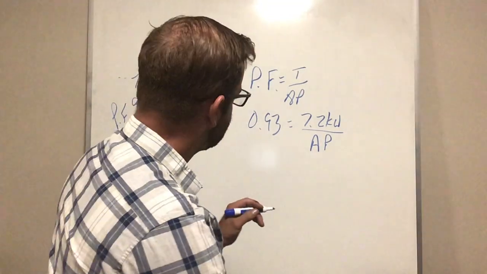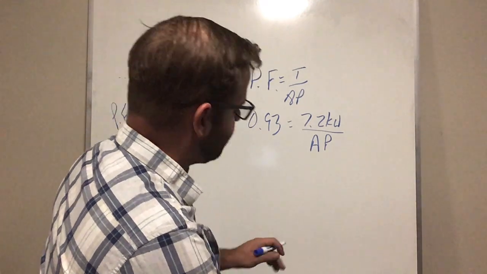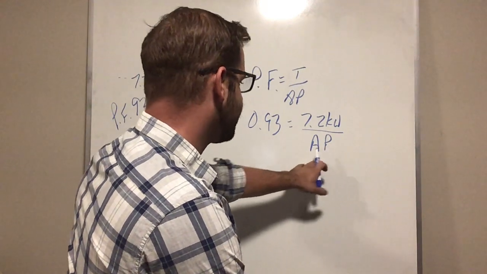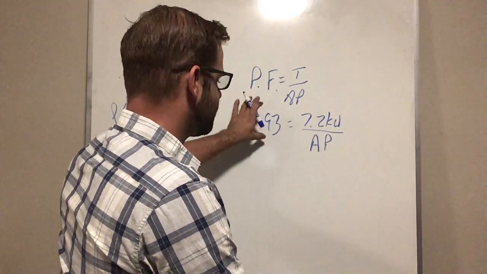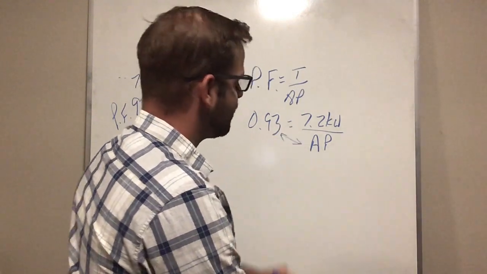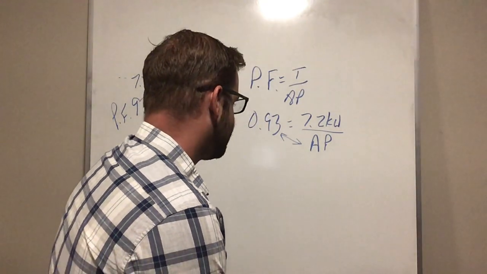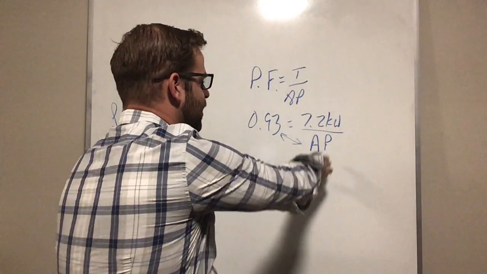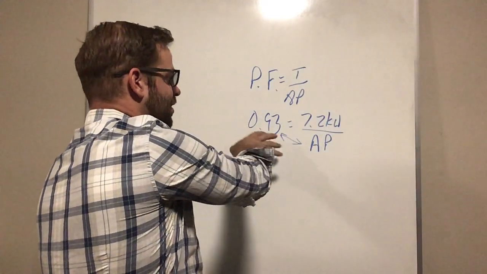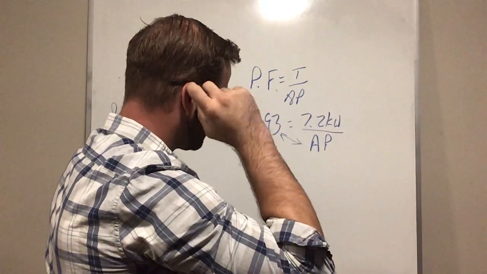One easy trick with cross multiplication: if you have apparent power as the denominator, the bottom number, and you have a number over here, you can just swap the two values, and it'll allow you to find that unknown value, rather than multiplying by the apparent power on this side and then on this side, and then dividing by 0.93 and bringing the 0.93 over, which is going to take a fair bit of time.